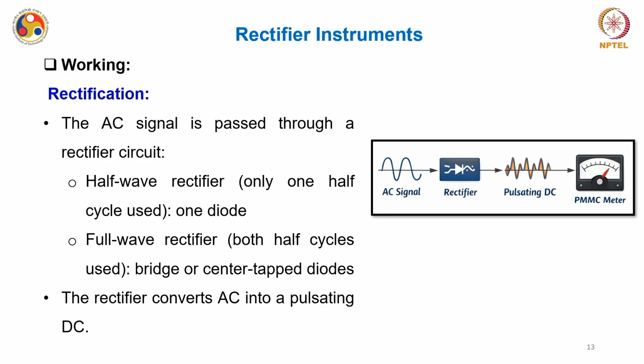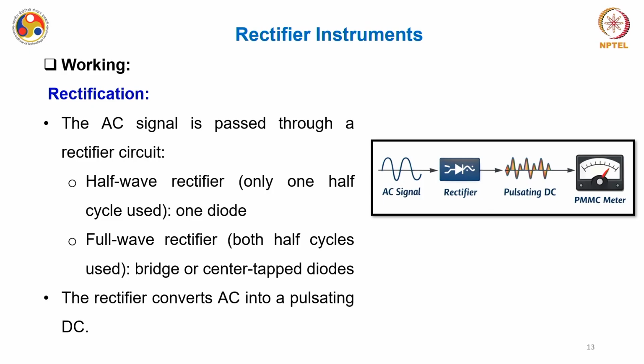The rectifier circuit will depend on the configuration of diodes you are using, or how many diodes you are using. If you are using only one diode, you have a half wave rectifier. When I say half wave rectifier, only half cycle of the AC signal is used, and for the second cycle you will not have any output. We will see this in a little more detail.